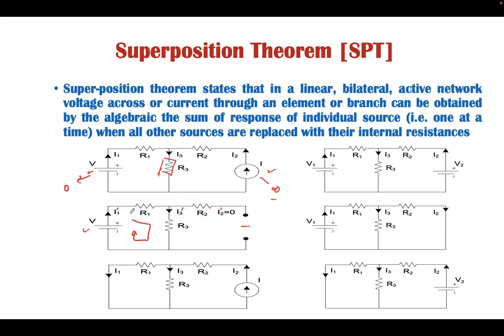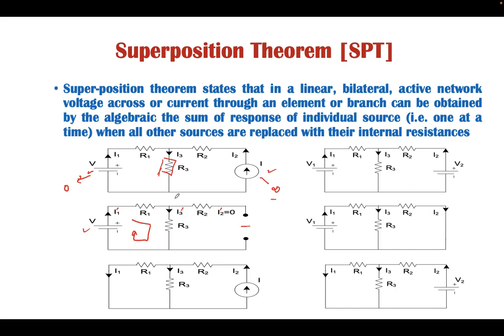So I2 dash is 0, I1 dash has some magnitude, and I3 dash also has some magnitude. That can be found by I equals V by R1 plus R2.